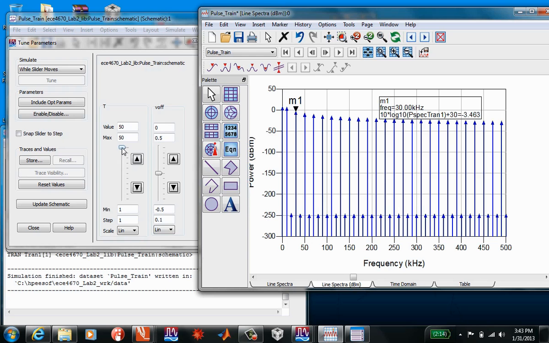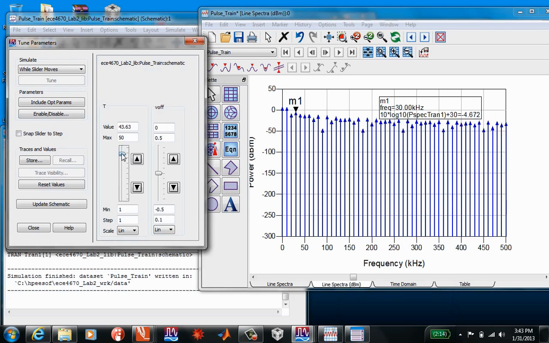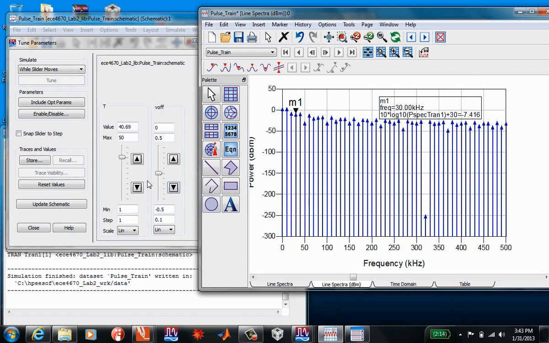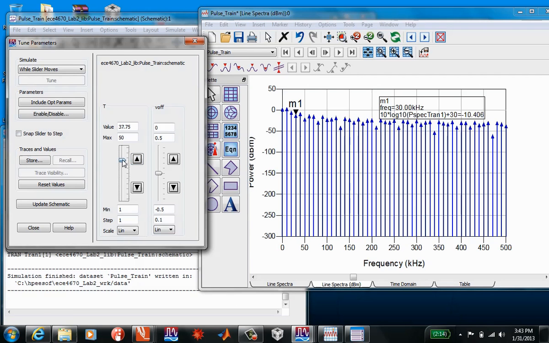But now as I bring the duty cycle smaller again, my nulls are starting to occur further out in frequency because my waveform is now moving off from being a square wave. And there's other nulls that are trying to appear in here, I think, but they're not being discerned right now.